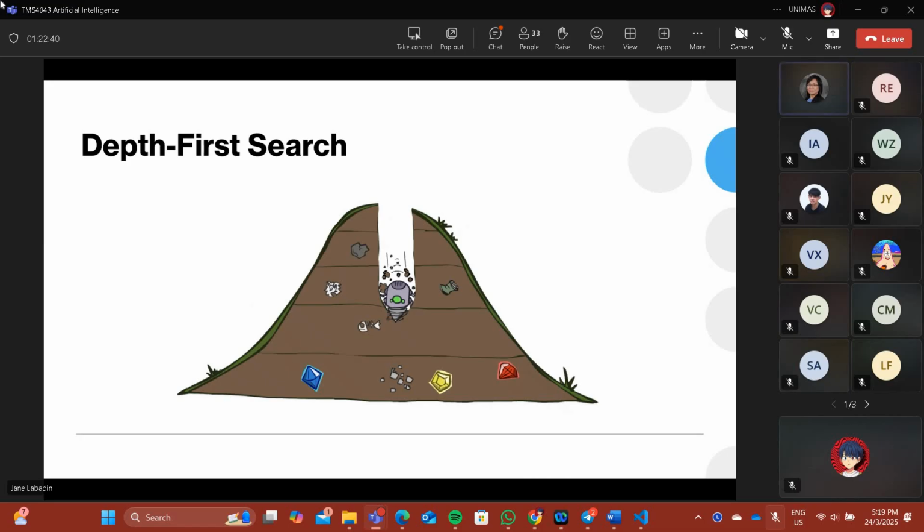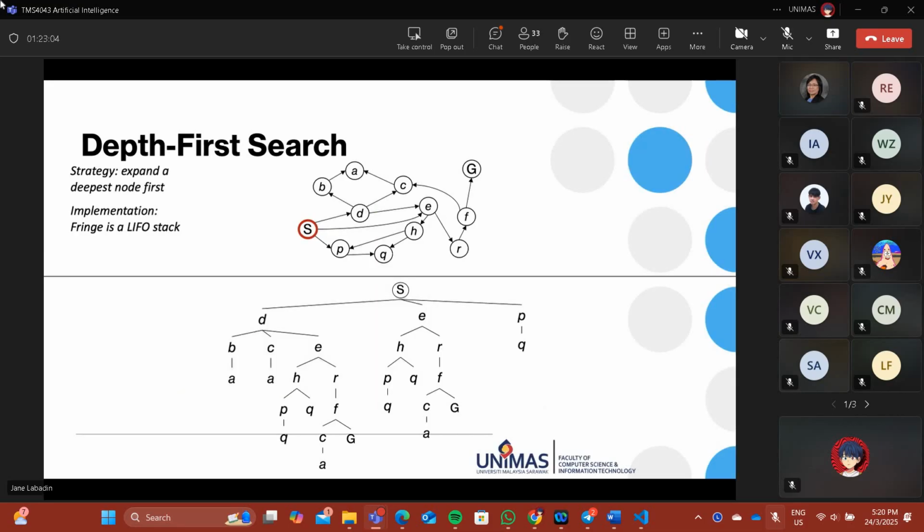This depth first search is a type of uninformed search algorithm. So what does it do? Depth first search is basically expanding the deepest first. So the strategy is to expand the deepest node first.